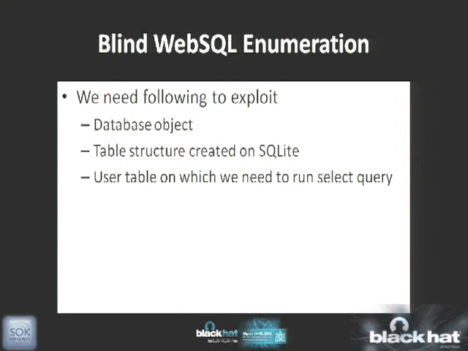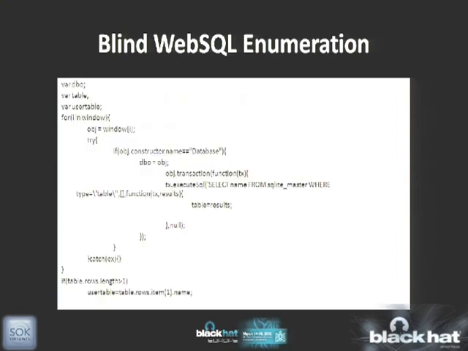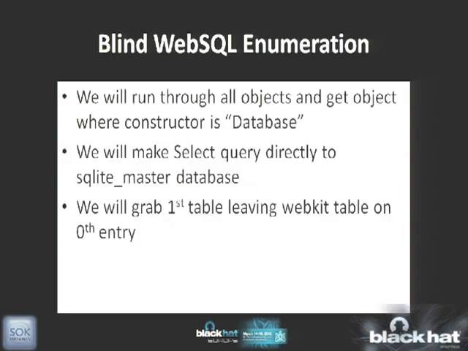We can have a database object, we need a table created or a SQLite table query, and then we need a table to run our query. So here is a simple code. This particular code will enumerate select name from sqlite_master where type is table, and will show us what tables are created by the developer on the application, and then we extract.